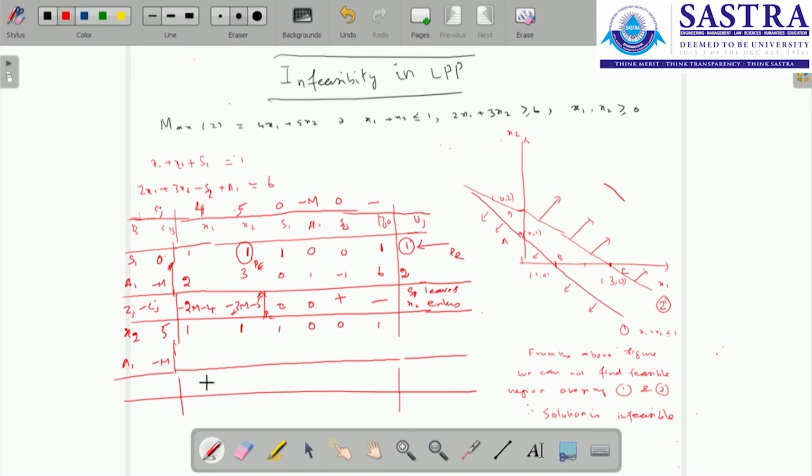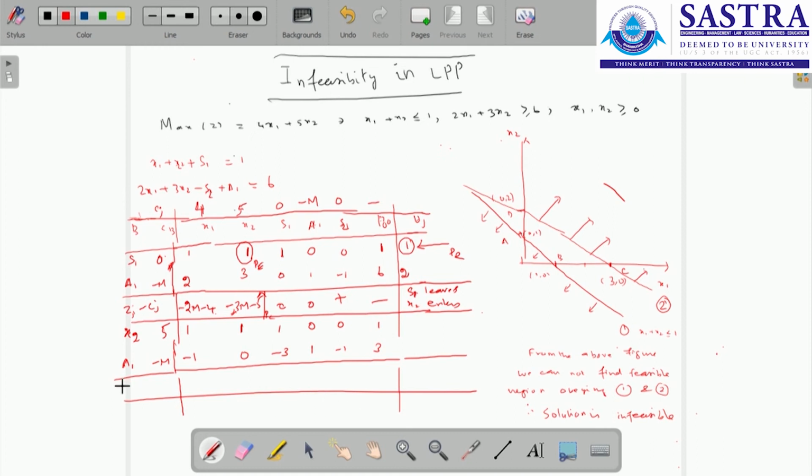So 1 into 3 is 3, 2 minus 3 is minus 1, 3 into 3, 0, 3, then minus 3, then 1, then minus 1, 3, 3. So I have done this A1 row.